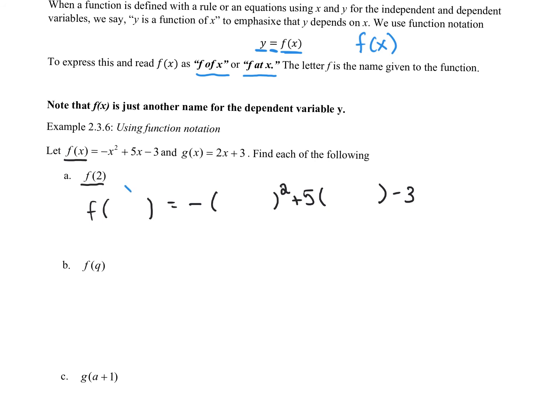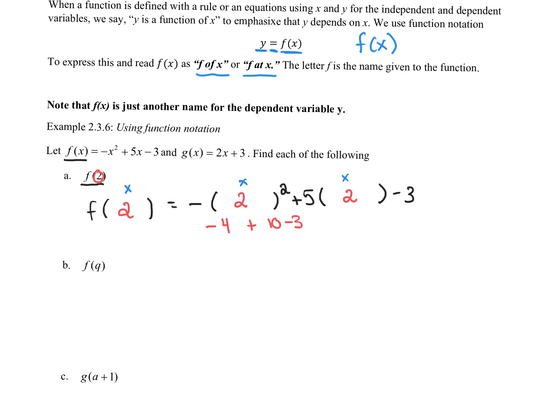It was f of x equals negative x squared plus 5x minus 3, but now, instead of having x's, I have a 2. So f of 2 equals negative parentheses 2 squared plus 5 times 2 minus 3. 2 squared is 4, and then it becomes negative with the negative out front, plus 2 times 5 is 10, minus 3.